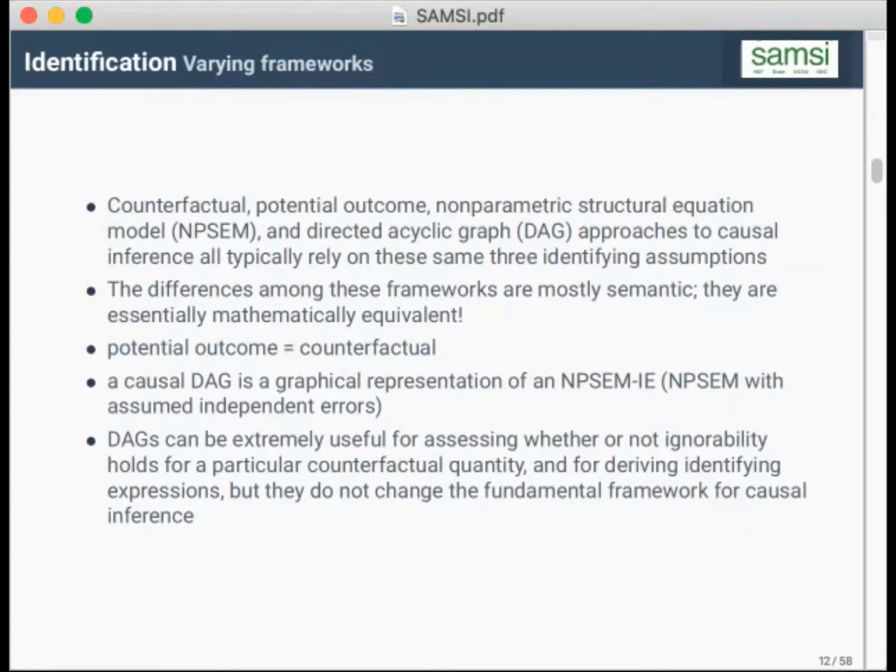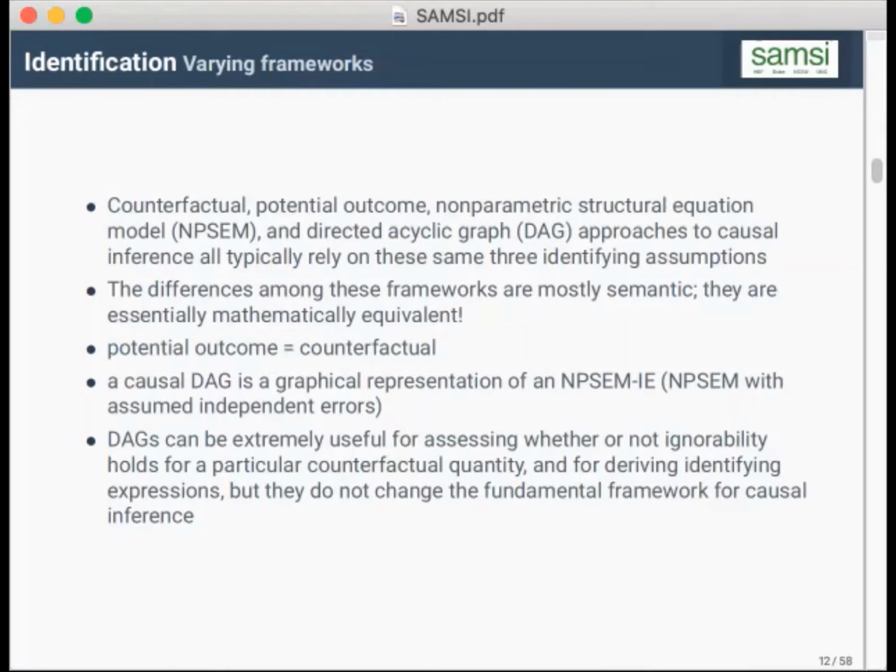They're essentially mathematically equivalent. In particular, as I hope I've been emphasizing all along, potential outcomes and counterfactuals mean the same thing. A causal DAG is a graphical representation of a non-parametric structural equation model with independent errors.